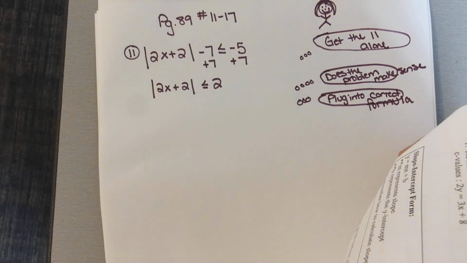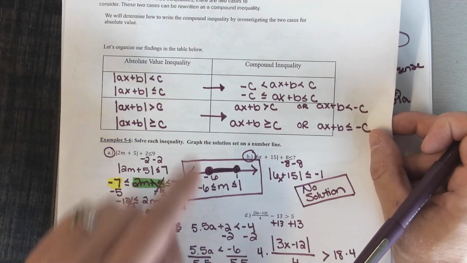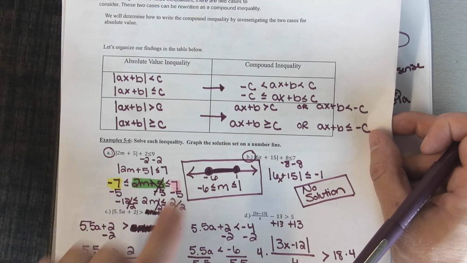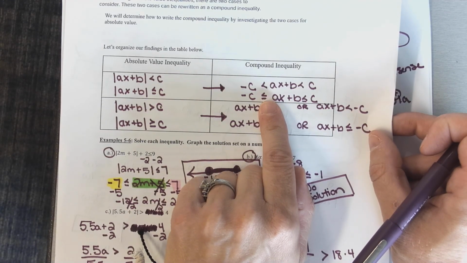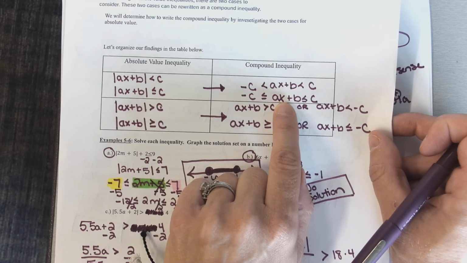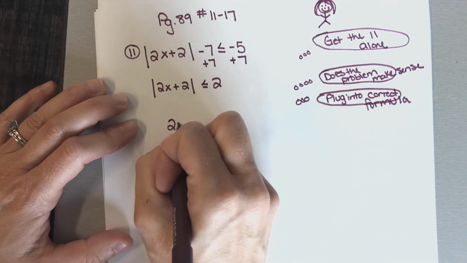If it is less than or equal to, should I be using the top formulas or the bottom? Top. So I need the top formulas, and it's less than or equal to. So I need this formula in particular. This is the one I'm going for. So I'm going to put what's in my absolute value in the center.